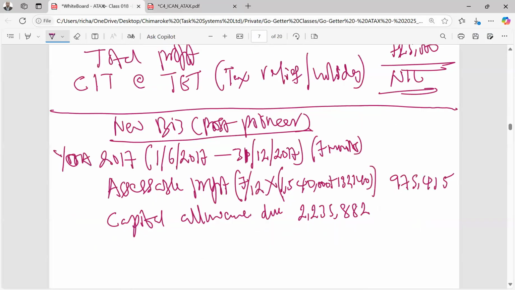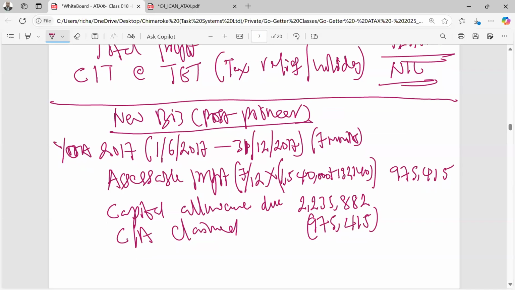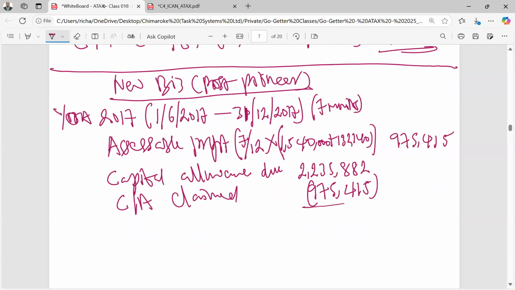So you go here, your capital allowance claimed is going to give you the smaller of the two, 975,415. So this is your capital allowance claim.